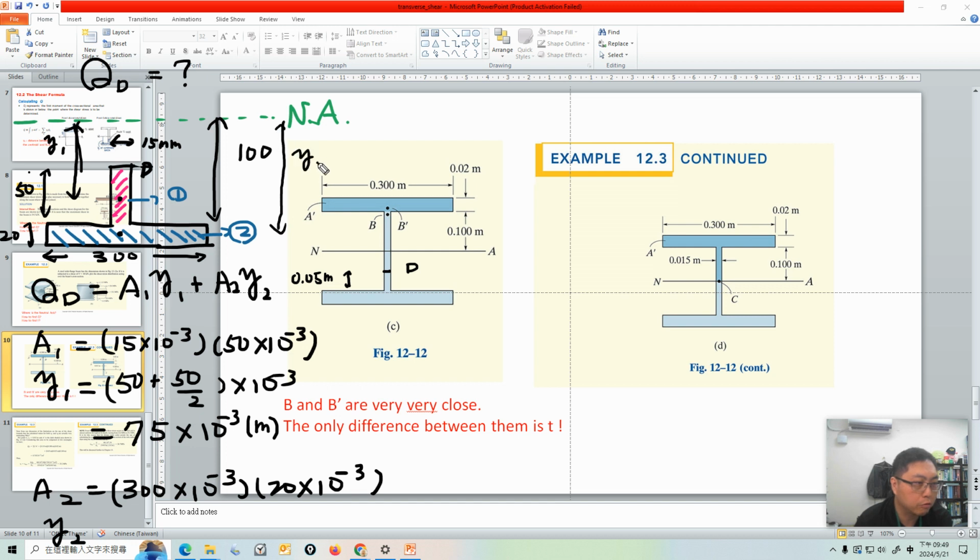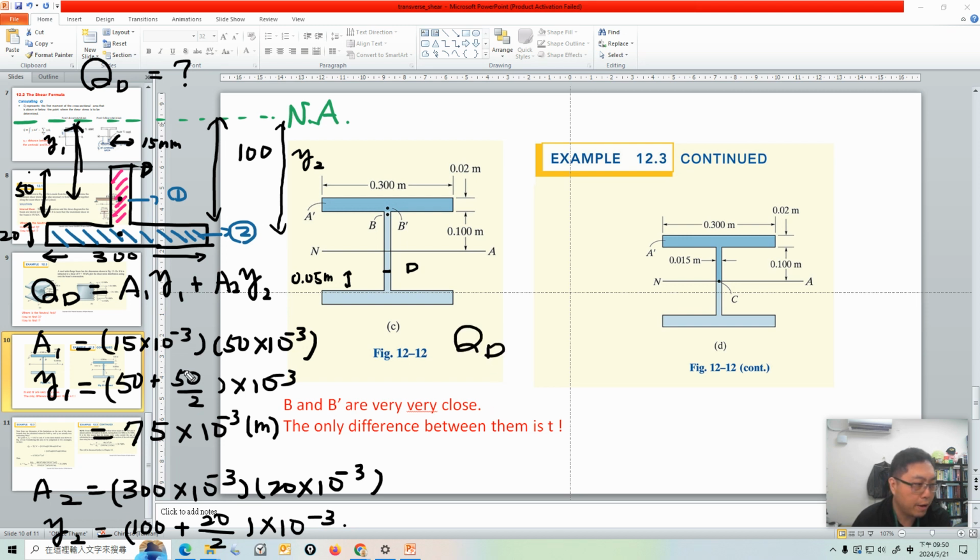It's hard to recognize, but Y2 is here. Here is 100, and this is the centroid of area 2, so it's 100 plus 20 divided by 2, times 10 to the power minus 3.